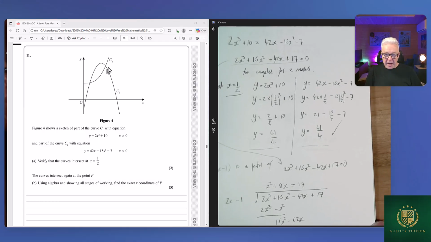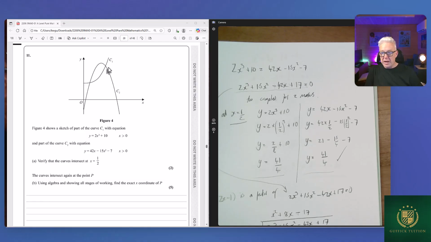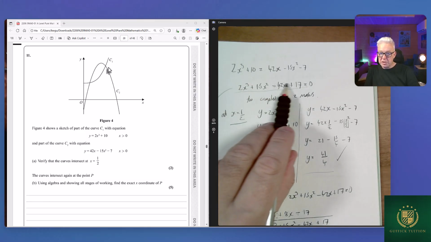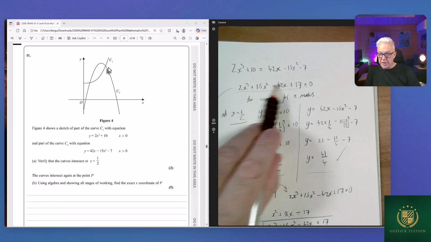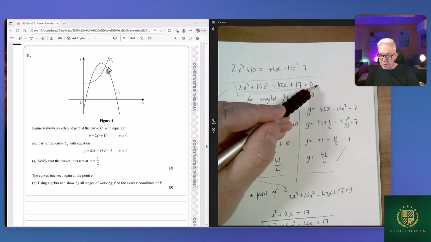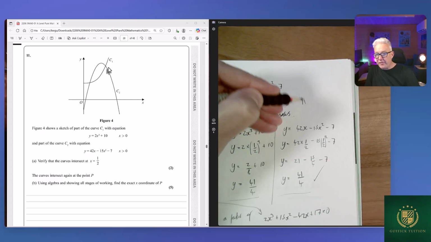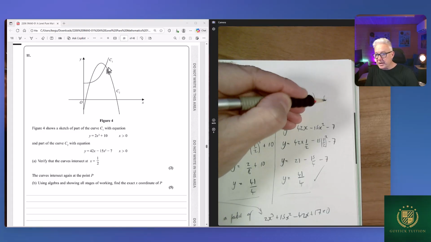Now, the fact that x is equal to a half is a solution when you put the two curves equal to each other means that if you put x equals a half into this new equation that we formed, you're going to get 0. So in other words, f of a half equals 0.